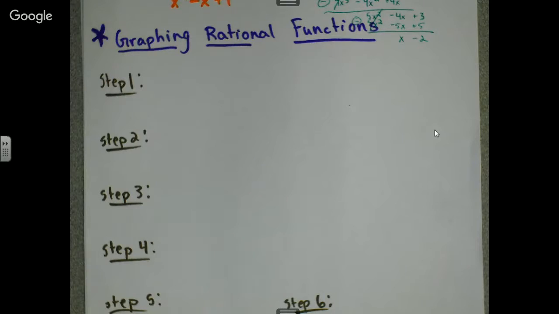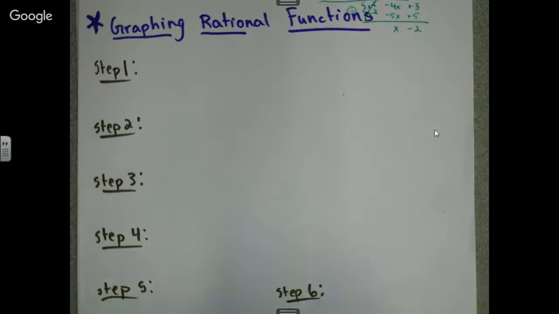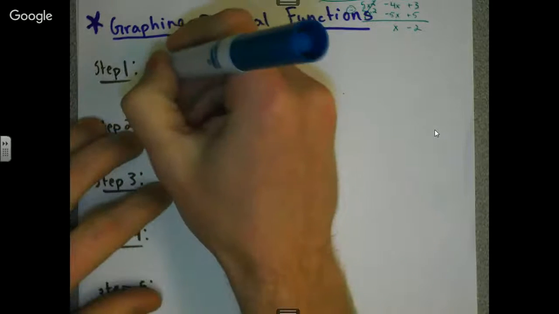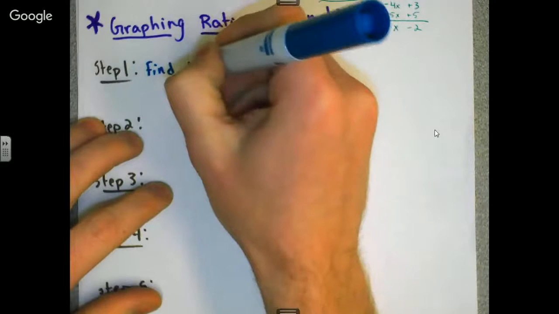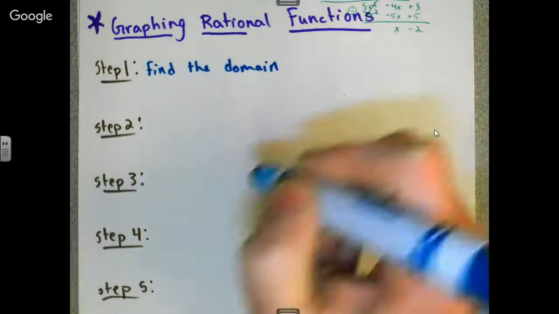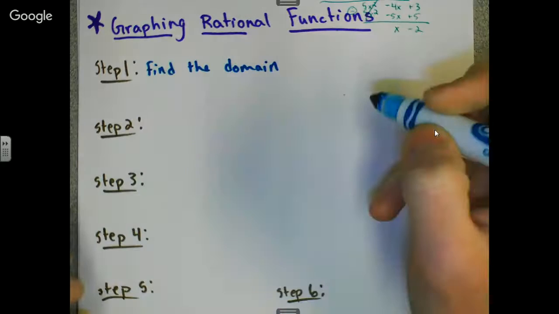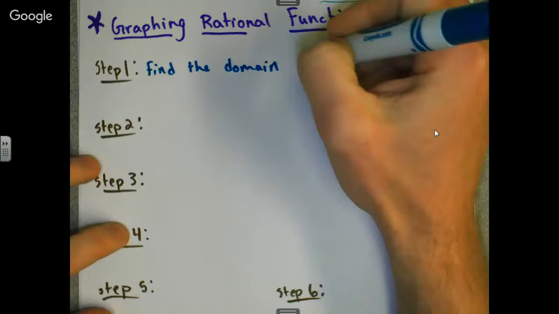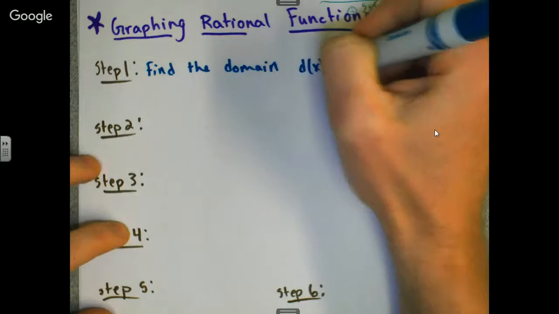There are 6 steps to graphing a rational function, and we'll go over those. Step 1 is find the domain. Remember that is setting the denominator function equal to 0.